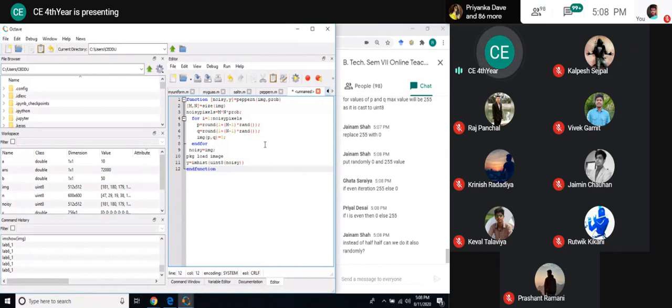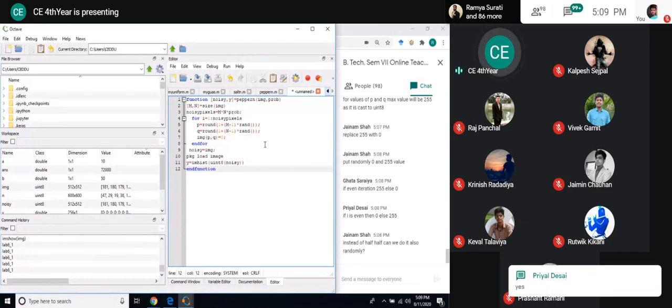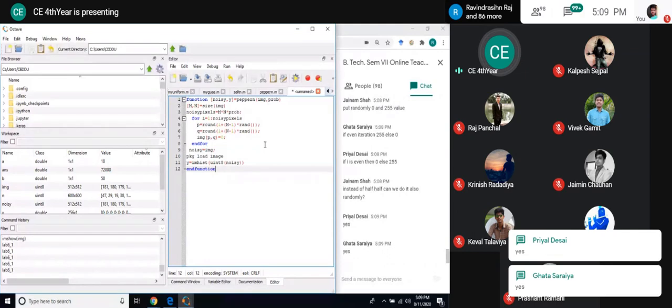You are talking about iterations. If i is even, then we have 255, otherwise we have 0. Yes, that is what I was talking about, Jainam. Priyal and Gata, pay attention now.